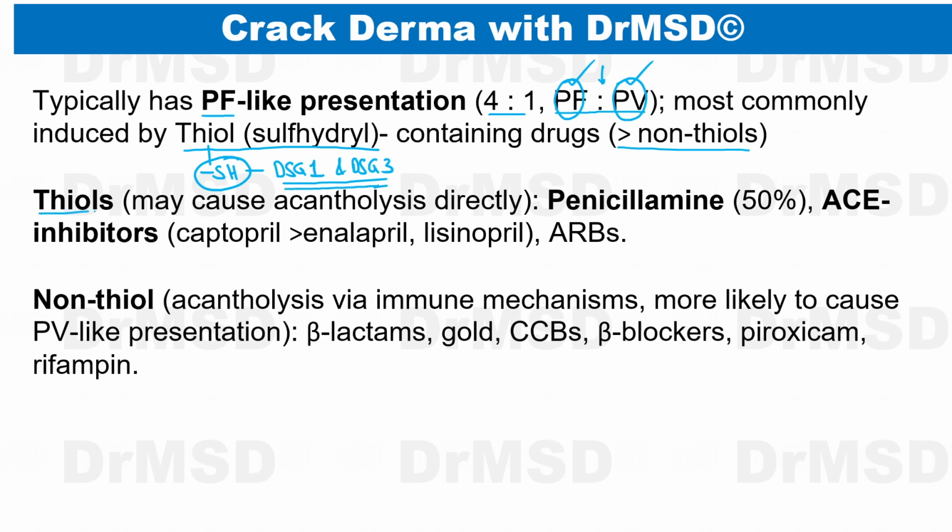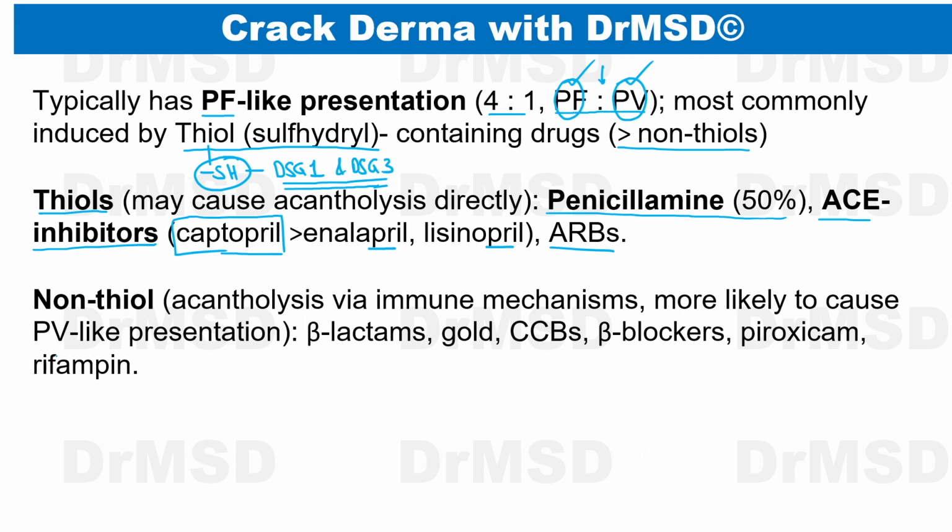The thiol group medications which are very important to remember are penicillamine, which is responsible for almost 50% of all drug-induced pemphigus, followed by ACE inhibitors, angiotensin converting enzyme inhibitors, of which captopril is the most important drug to remember apart from other prils. Also angiotensin receptor blockers.